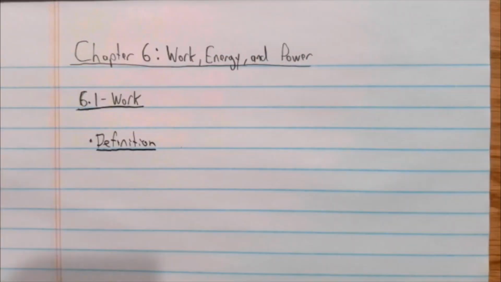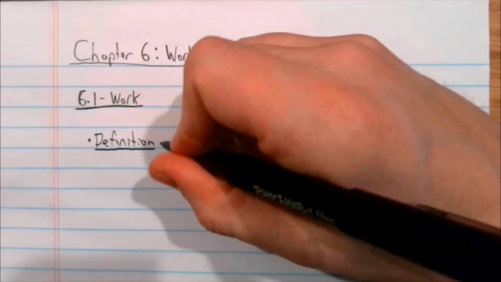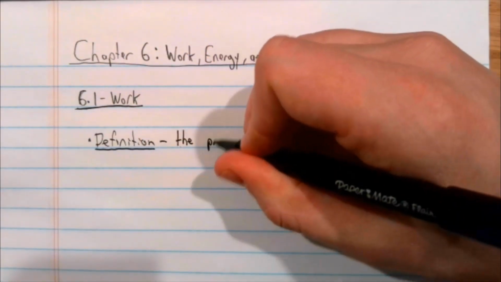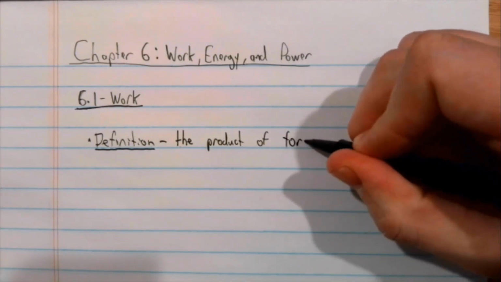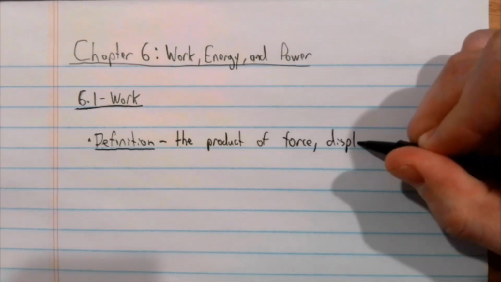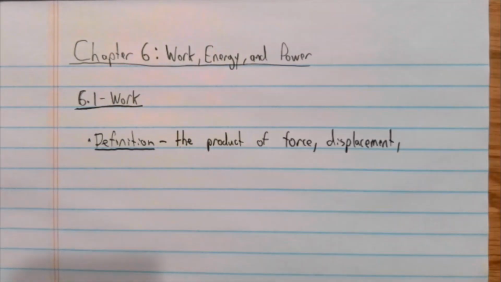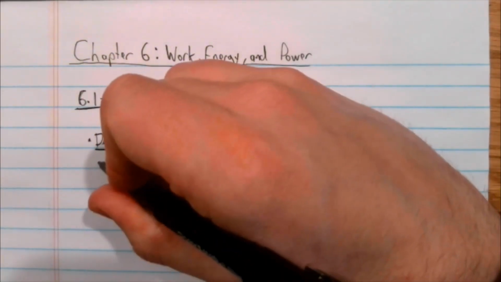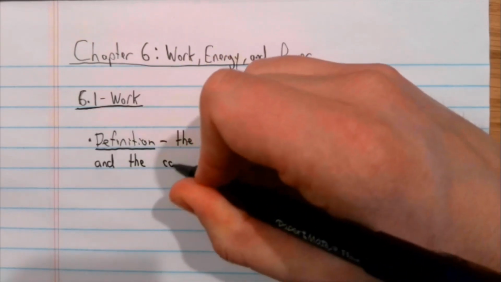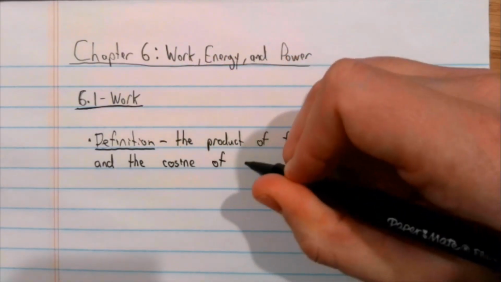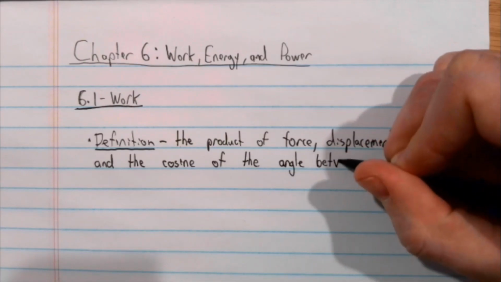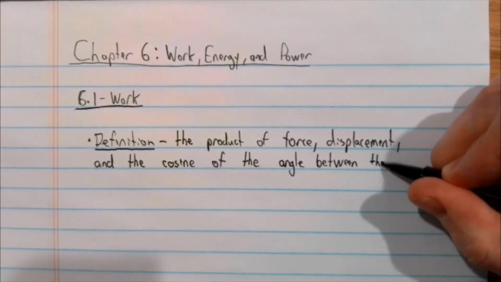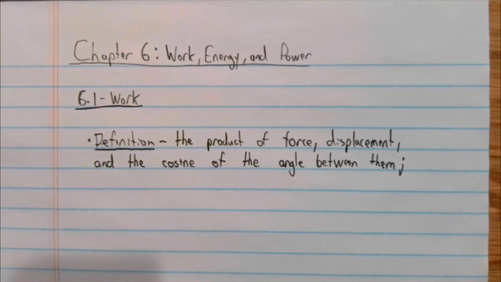Like many things in physics, this will be a mathematical definition. It is the product of force, displacement, and the cosine of the angle between them; semicolon, because I'm going to add a little more.